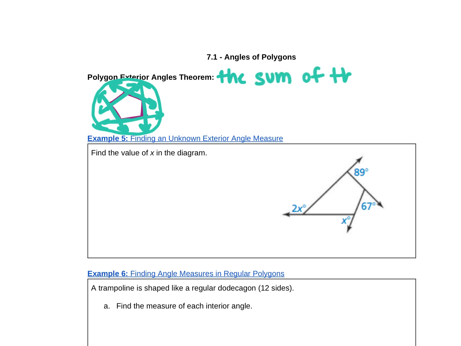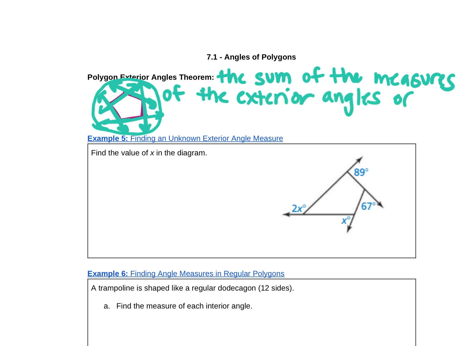So we would say the sum of the measures of the exterior angles of a polygon is 360.